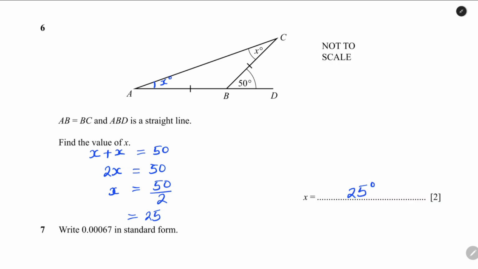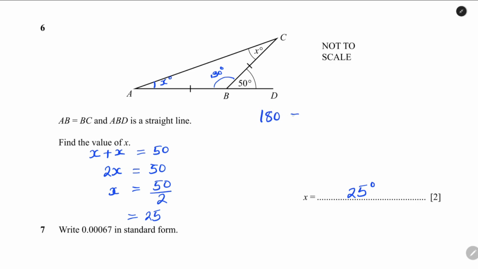All right. Another person might assume that, oh, I don't want to do it that way. I know this is 50 here, and this is a straight line. Angles on a straight line should add up to 180. It means if this is 50, the rest of this is 130. Now, if that is 130, and yes, this is still an isosceles triangle, we know that the sum of angles in the triangle should be 180.